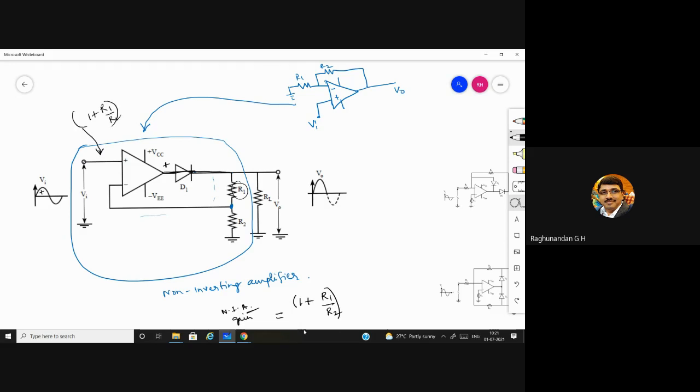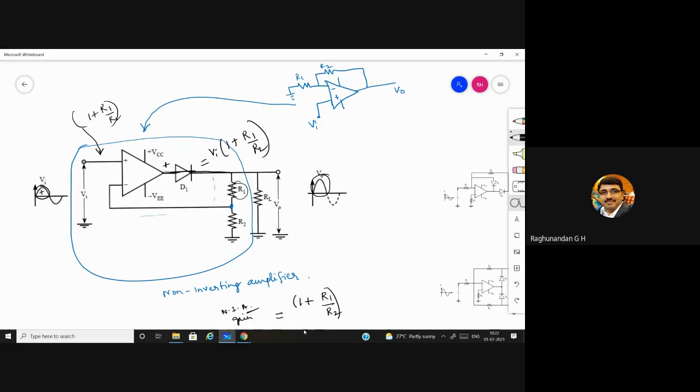So the output will be Vi into (1 plus R1 by R2). You can see this shape and this shape.